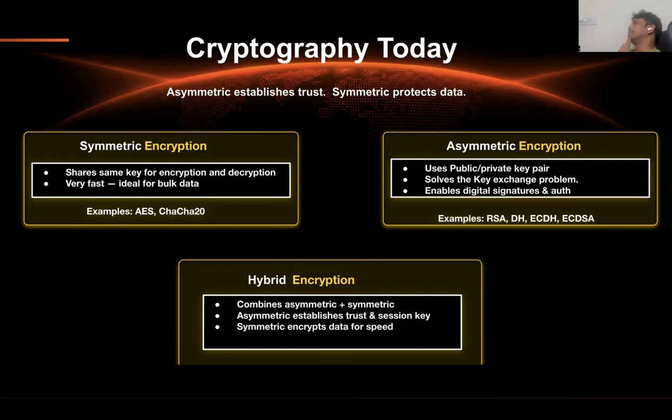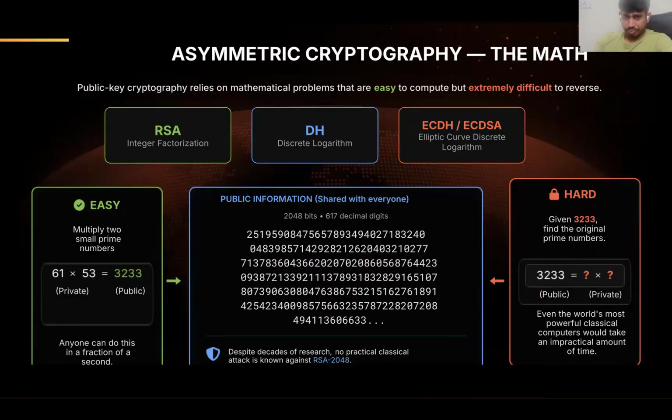We use symmetric encryption because it's much more efficient, CPU friendly, and much faster. You can't use asymmetric encryption for actual data traffic, because it would consume a lot of CPU cycles.